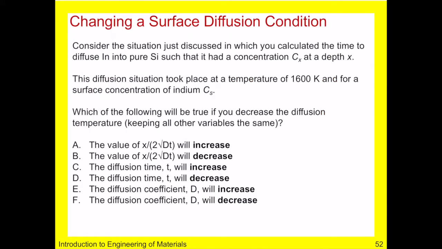Okay, let's talk about this solution to the differential equation some more. If we consider the situation in which indium or some diffusing species is diffusing into pure silicon with some concentration C at a depth of x, at a particular temperature, let's say 1600 K, conceptually, what will happen to the value of x over root Dt, the diffusion time, and the diffusion coefficient?